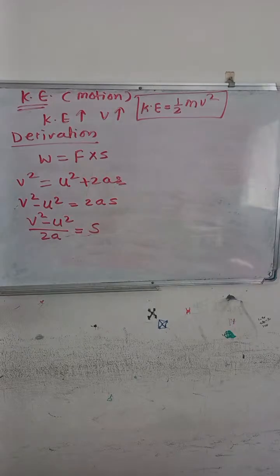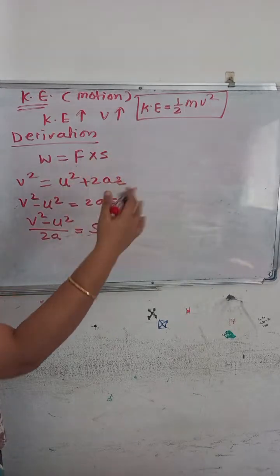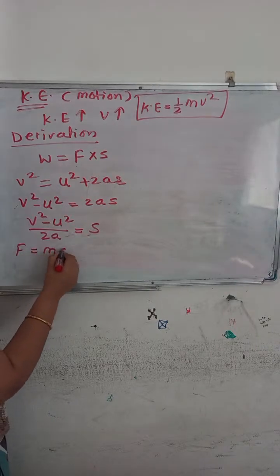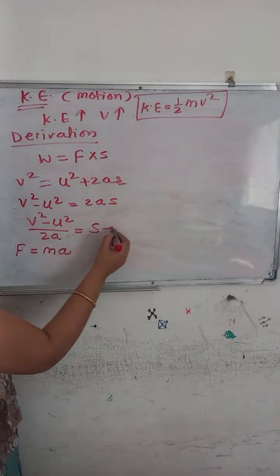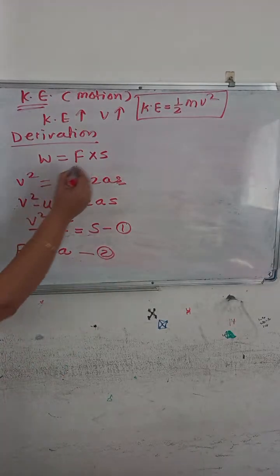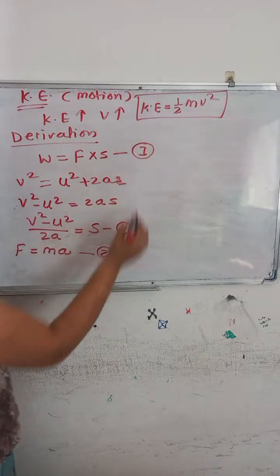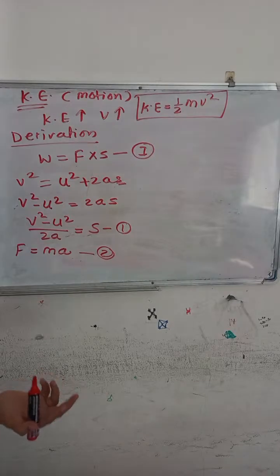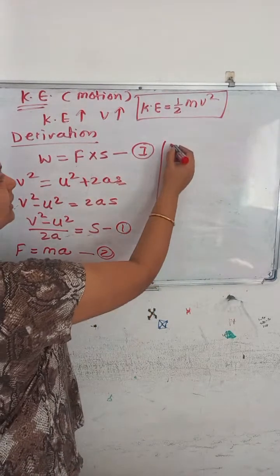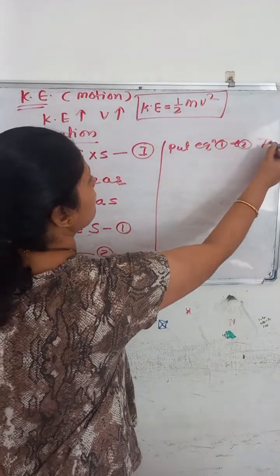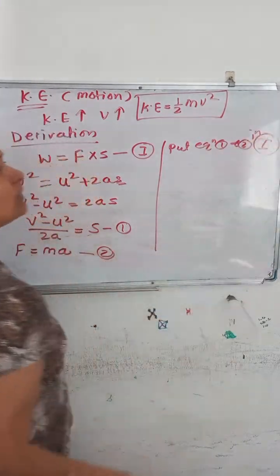Understood? Now if the body is in motion, that means the body possesses some acceleration also, and according to the laws of motion, F is mass into acceleration. This is my equation number 2, and the work done is my equation number 1, Roman numeral 1. Now put equation 1 and 2 in Roman numeral 1.